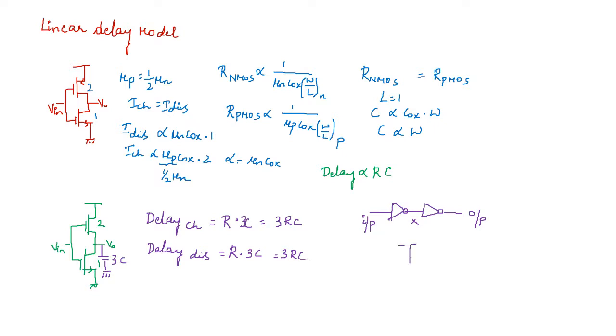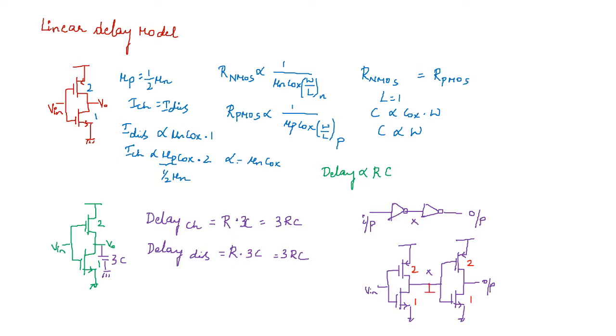We have an inverter here, and we have another inverter here. The output of this is given as the input to the next inverter, and here is the output, and this is the node X, and let's size it similar to a unit inverter. So this is 2, this is 1, and this is 2, and this is 1, right?